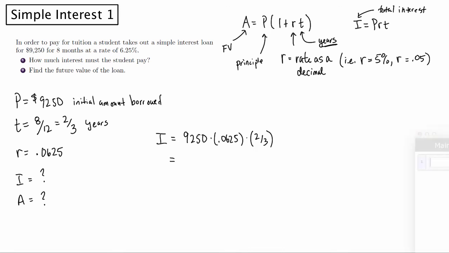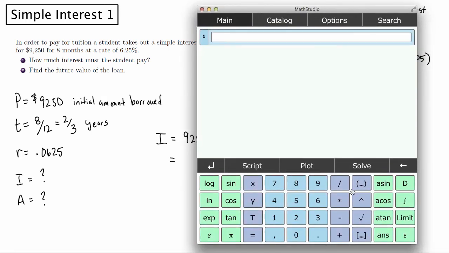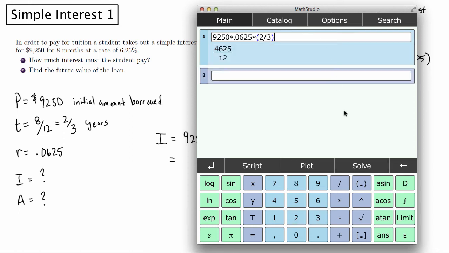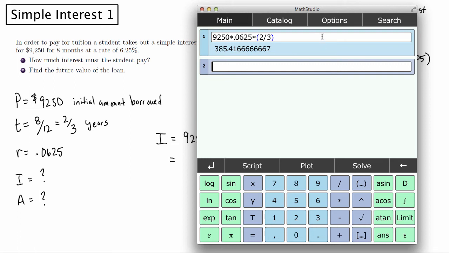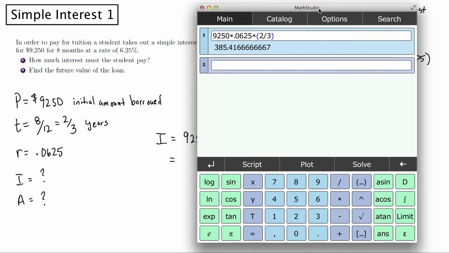So at this point, we go to the calculator, and we've got principal times the rate times the time. All right. That gives us, now since we're dealing with money here, it's best to round to 2 decimal places.